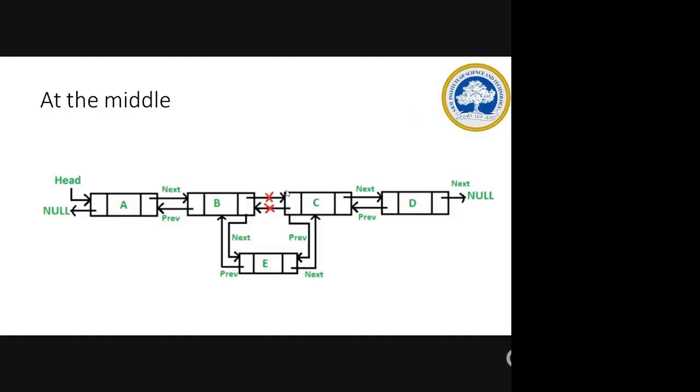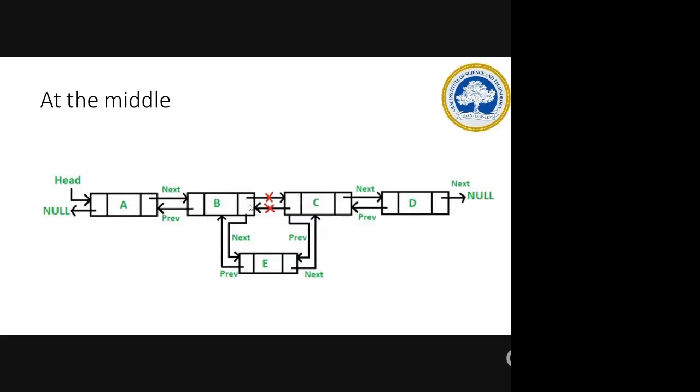When this happens, I have to give this link, then again this link, this link. 4 links I have to give. These 2 links will be replaced with 4 new links over here. So how will the 4 new links be? We know the name of B, we know the name of C also. So this is called the previous pointer and this is called your current pointer.